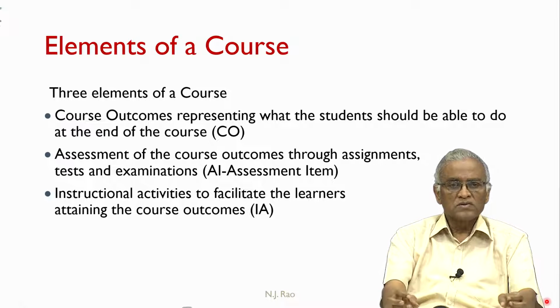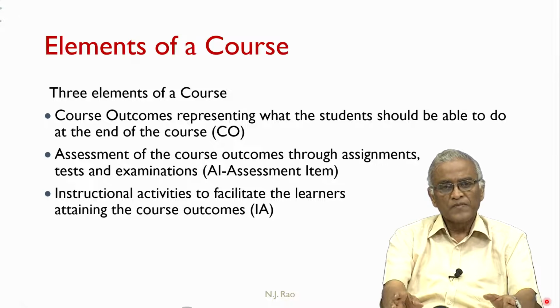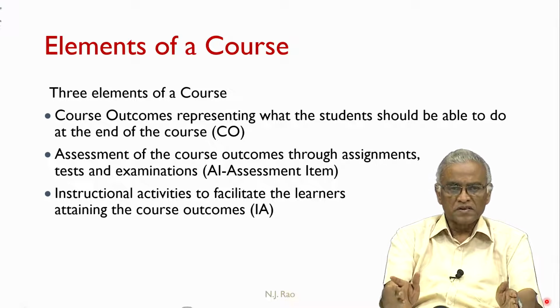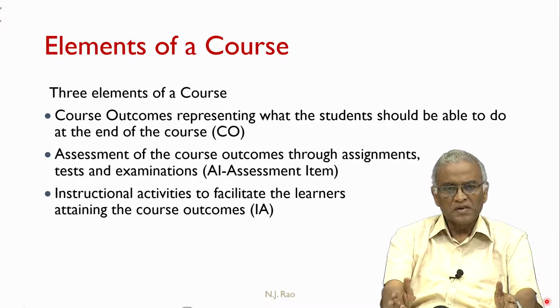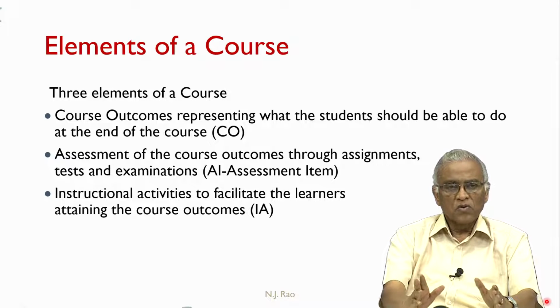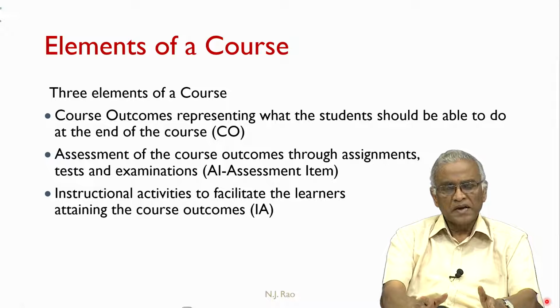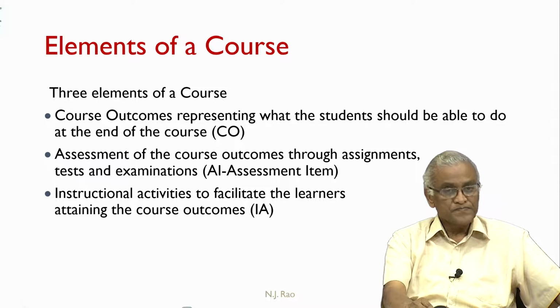How we organize those instructional activities is the choice of the teacher, and also it depends on the nature of the subject as well. These instructional activities, we represent them by IA. So, these are the three elements: course outcome, assessment items and instructional activities. These are the three elements of any course.